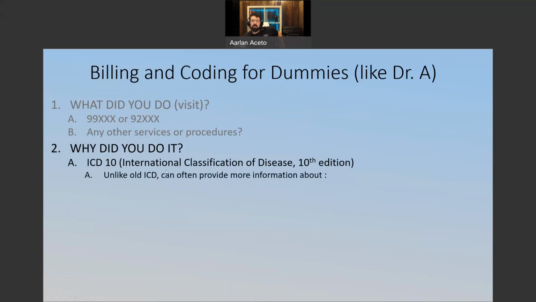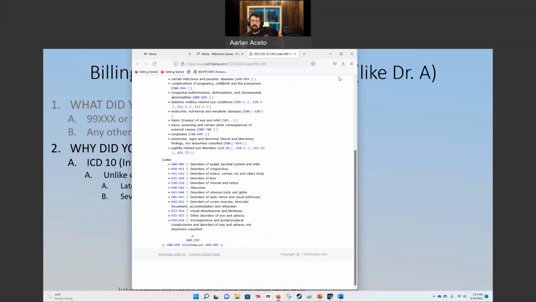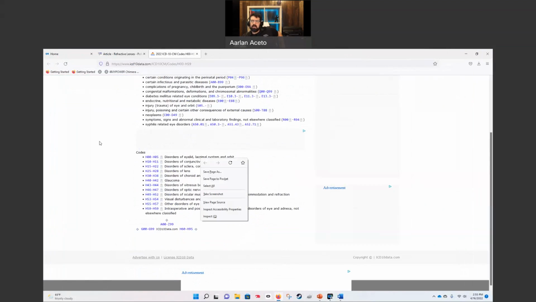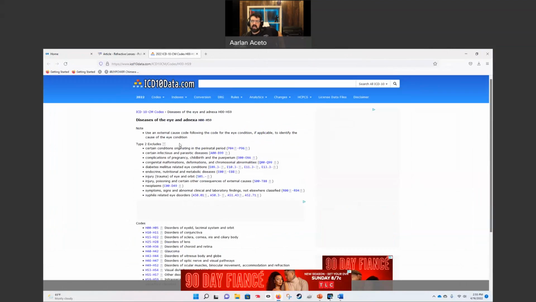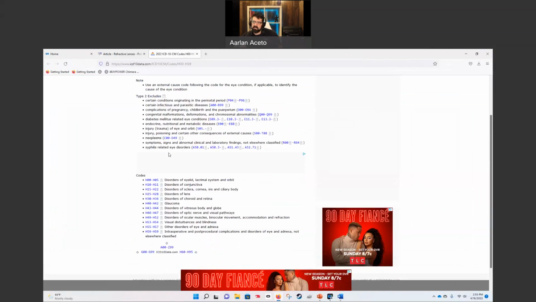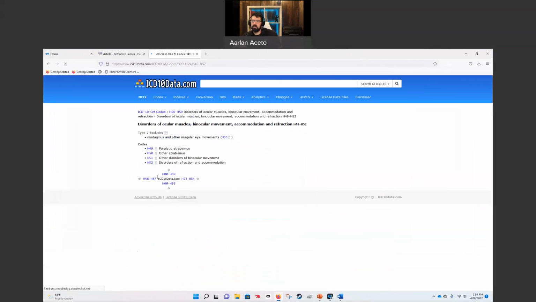And then why did you do it? Well, you have to have a reason. We use what's called an ICD-10, the International Classification of Diseases, 10th edition. It gives us all sorts of codes, literally anything you could possibly have, diseases of the eye or neck. So this is great for eye exams, but what we're going to do primarily is these refractive errors.